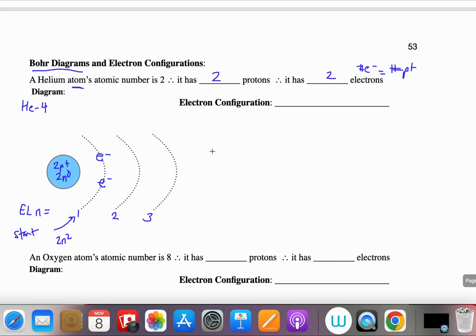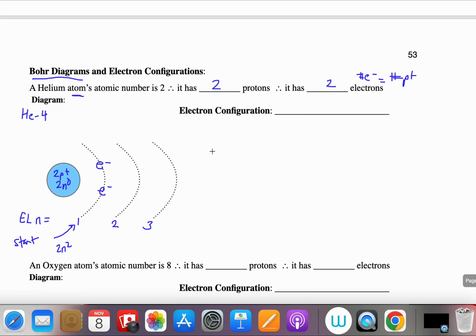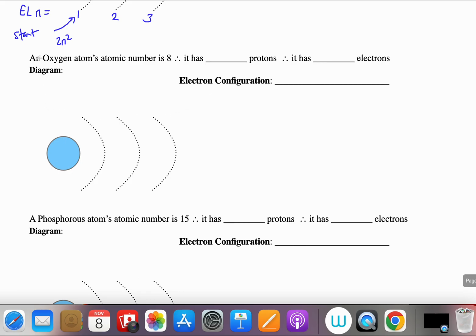So I'm going to move this up, and we're going to take a look at oxygen. Oxygen's atomic number is 8, therefore it has 8 protons. It is referred to as an atom, so it's neutral, so the number of electrons is equal to the protons, and it has 8 electrons.